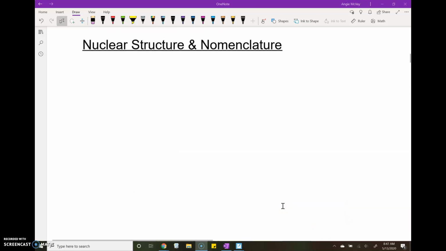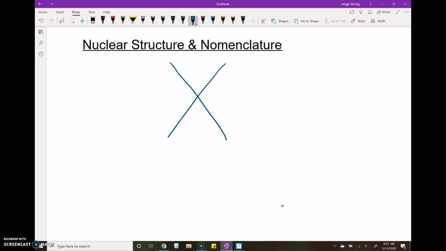All right, so before we move forward, we do need to give ourselves a reminder about some abbreviations that are related to how we represent an atom and what it's made out of. Okay, so I'm going to remind you of how we abbreviate an atom.